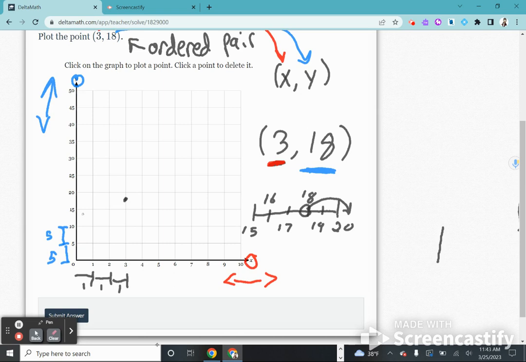Making sure we know our distance between our units on the side, so we know our scale, and we're just kind of careful with how we plot our points, okay? Because there is a right way and a wrong way. So for this one in particular, the closer we are to this line going across for 20, the better, instead of bringing it closer down to 15, right? So we know 18 is going to be a little bit closer to 20 than the 15.